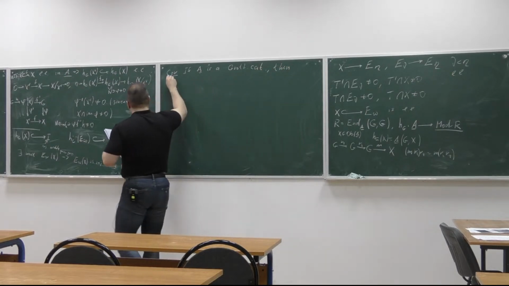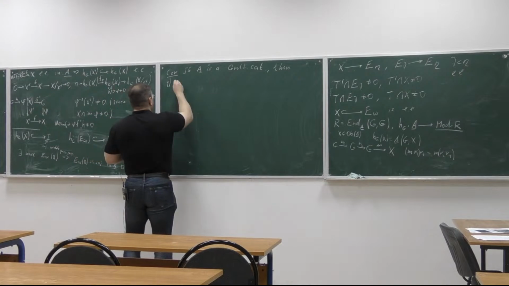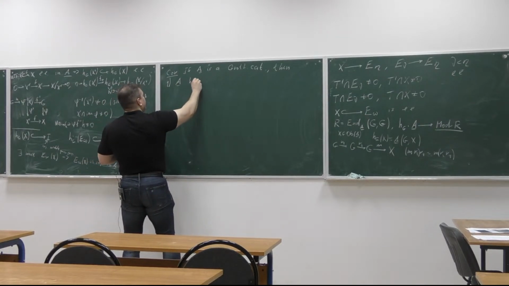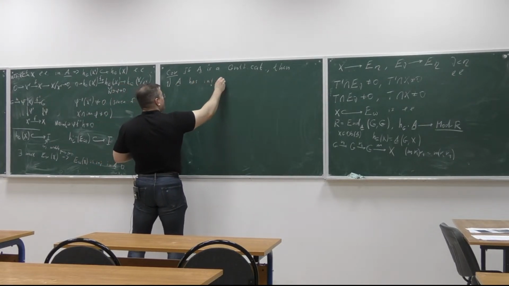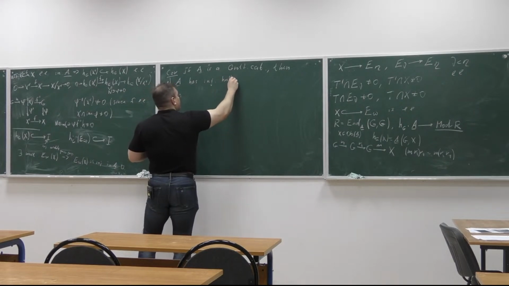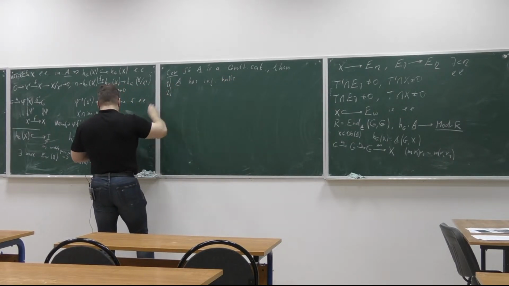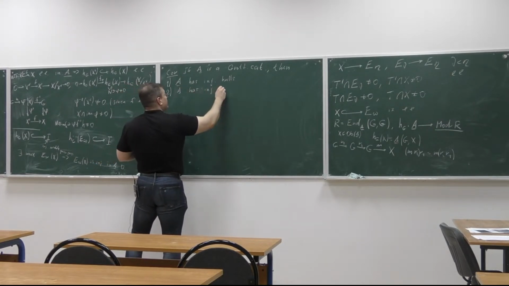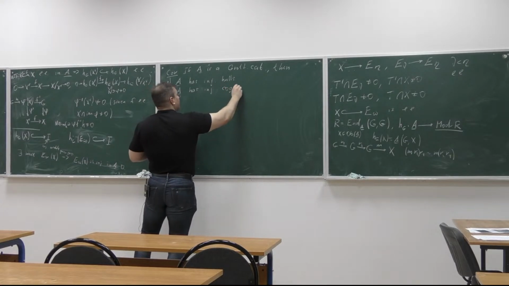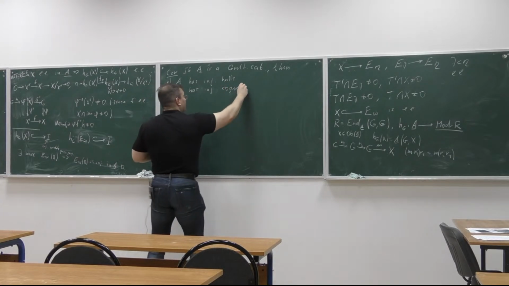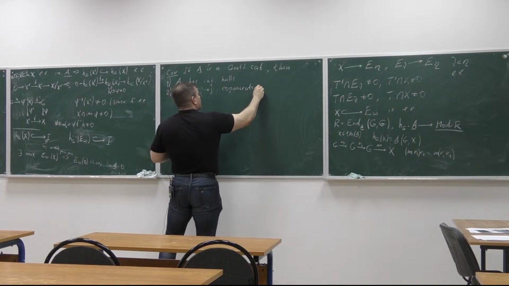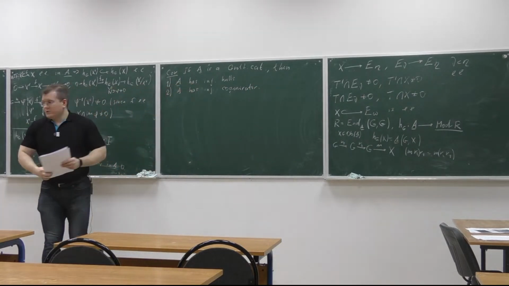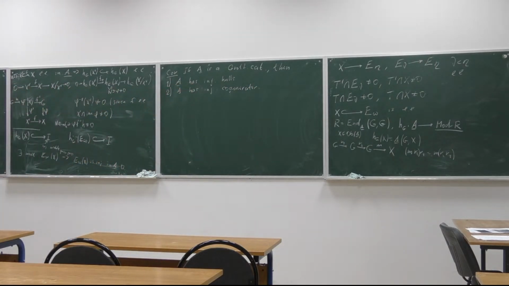First, A has injective hulls, and two, A has an injective cogenerator. There are observations that we get for free because we actually proved these two things before.